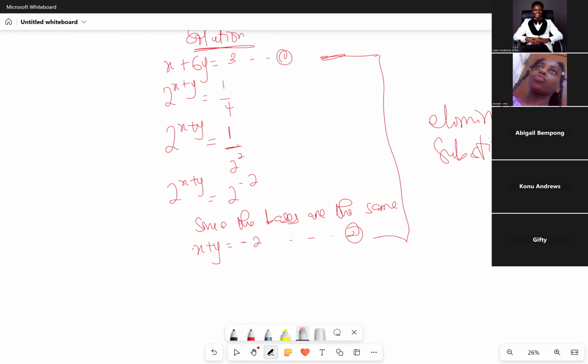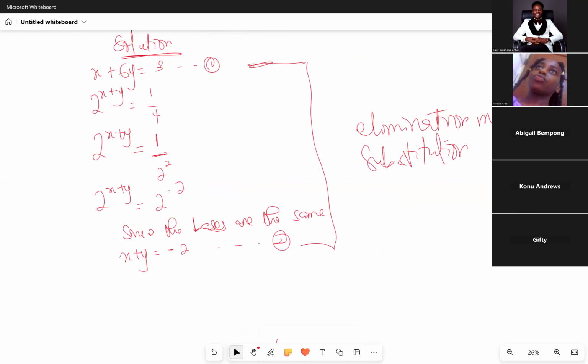So let me think of what will be easier for us to use. The moment you have two linear equations, but the variables are more than one, you solve simultaneously.